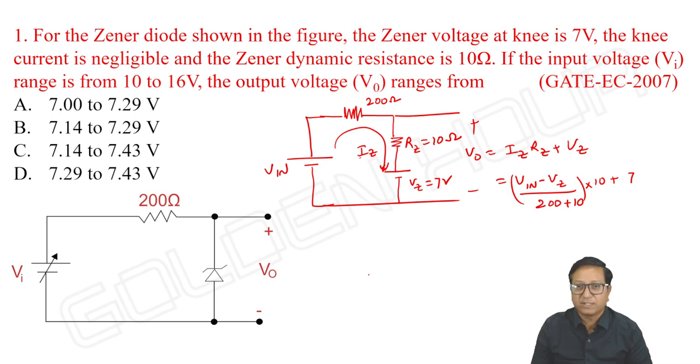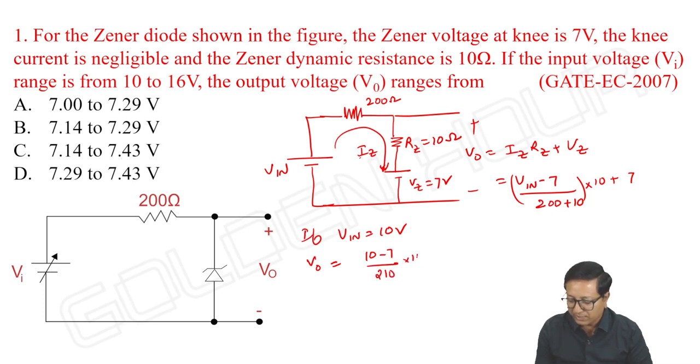Now there are two cases: if the input is 10 volts, what is the output, and if the input is 16 volts, what is the output? If V input is equal to 10 volts, then output is equal to 10 minus 7 by 200 plus 10, that is 210, into 10 plus 7.